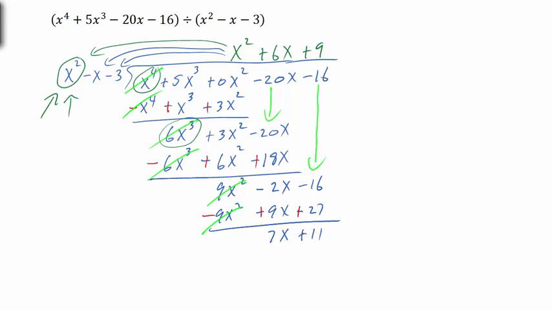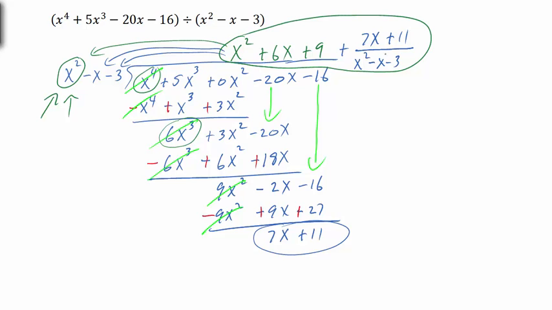So this time we do not end up with a 0 for the remainder. So now we're going to take this remainder and go up here and say plus 7x plus 11 divided by the x squared minus x minus 3. So here is our answer.